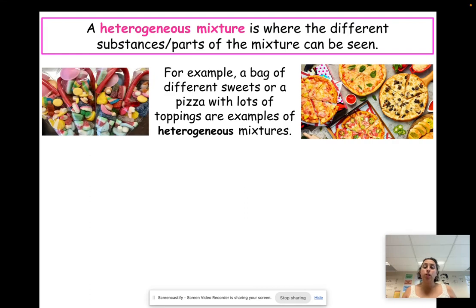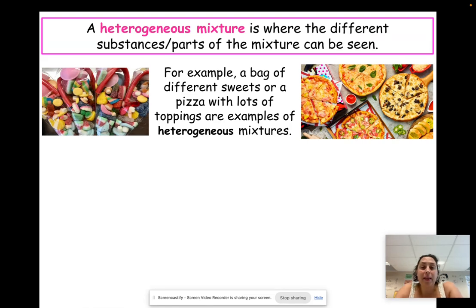We do have two types of mixtures. The first one is called a heterogeneous mixture. This is where we can see the different parts of the mixture. For example, that bag of candy, we can see the different parts. We can also easily pick things out by hand. They're large pieces.